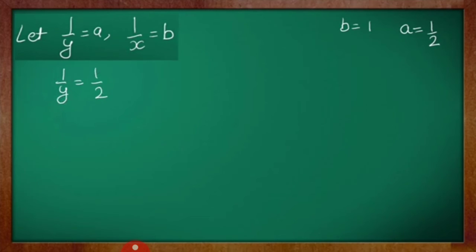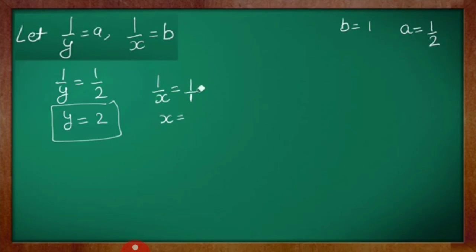By taking the reciprocal of both the sides, the value of y will be 2. Now for x, 1 upon x is equal to b. So instead of b we put 1. By the same pattern, x is 1 by taking the reciprocal of both the sides. That's your answer.